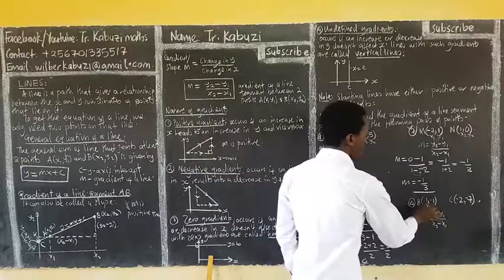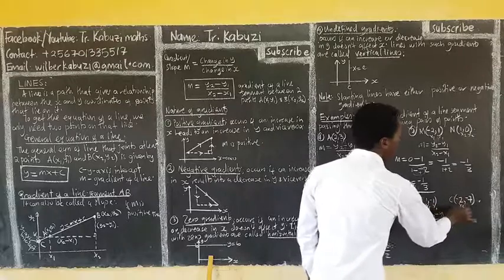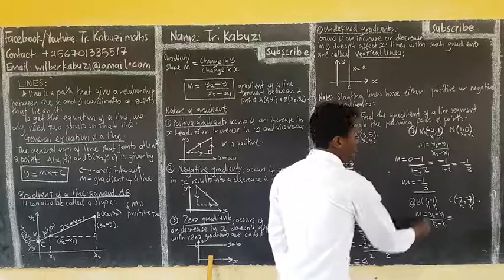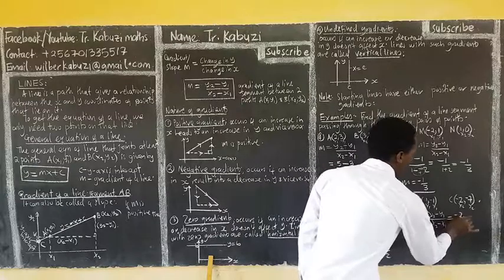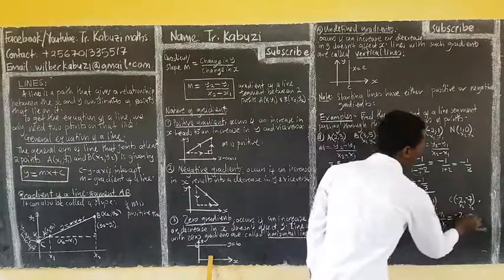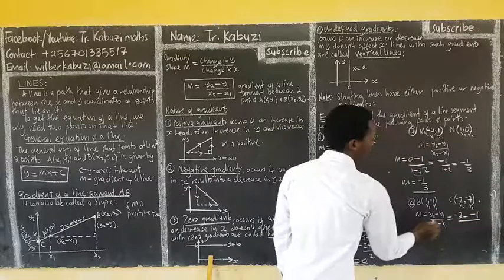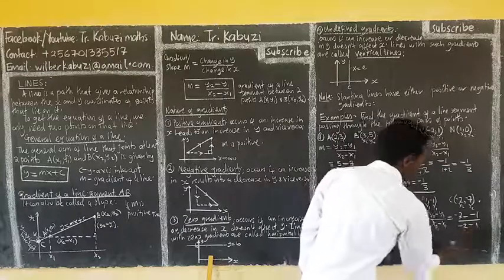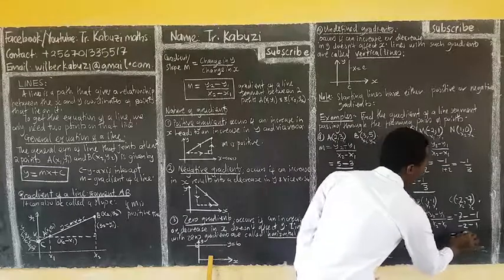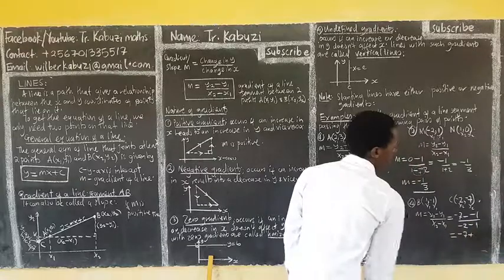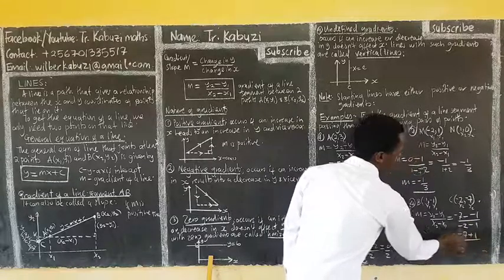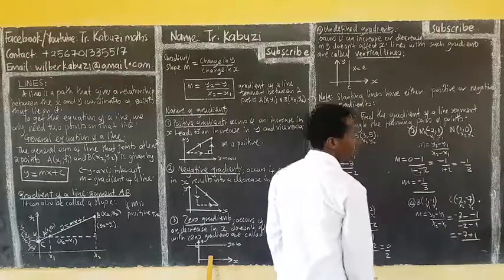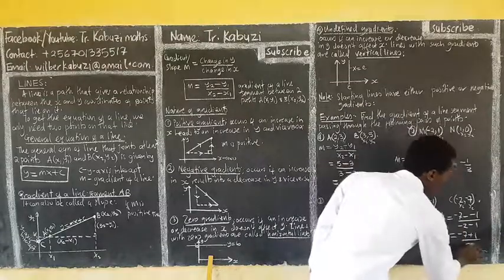Let us go into this. I call this one x1, y1, and this x2, y2. Let me see what I have. y2 is negative 7, minus y1, which is negative 1, over x2, negative 2, minus x1, which is 1. So this will be negative 7 plus 1 over negative 2 minus 1, which gets negative 3.